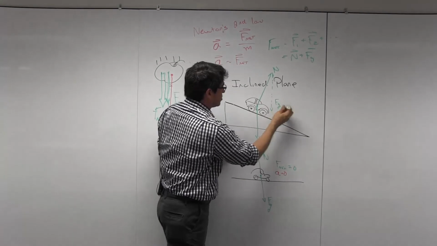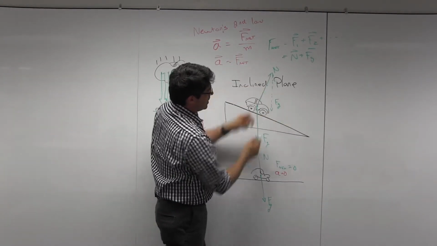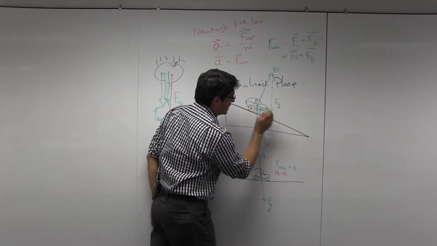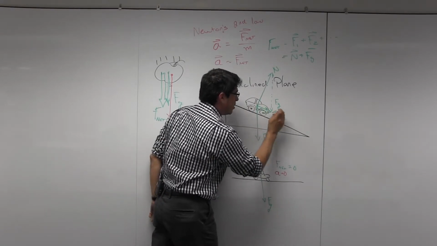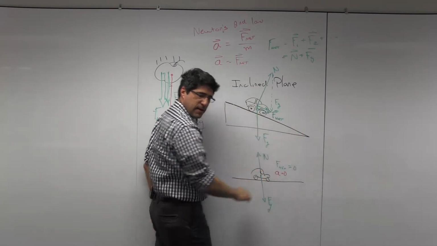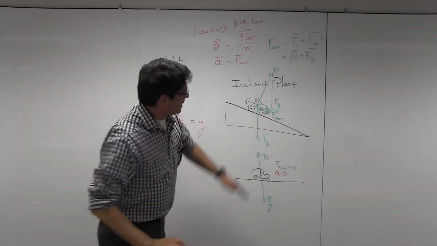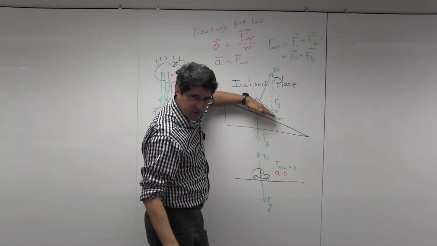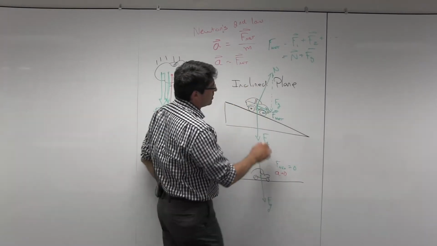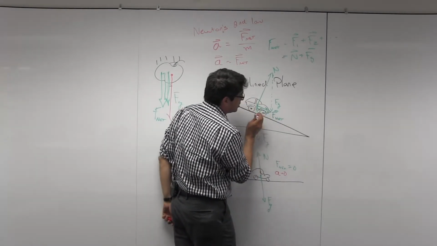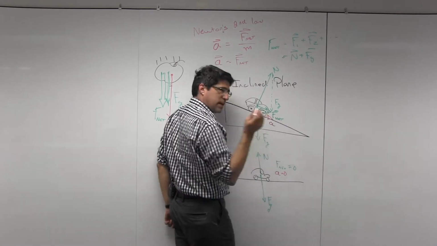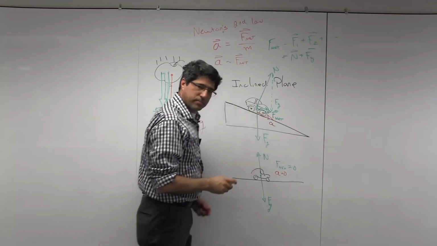I'm just going to redraw this force and put it here. Lo and behold, we get a total net force which does go parallel to this surface. And now we see that the direction, not just of gravity, but the gravity combined with the normal force, leads to a net force parallel to the surface. And so the acceleration, which I draw in red, is this way.